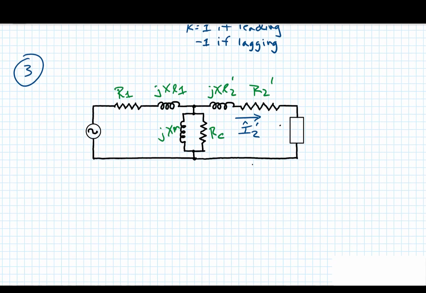And what I mean by that is that I can now say that I2 prime is equal to I2 times the inverse of the line-to-line voltage ratio, which is related to the turns ratio, and we went through this at the beginning part of this lecture.